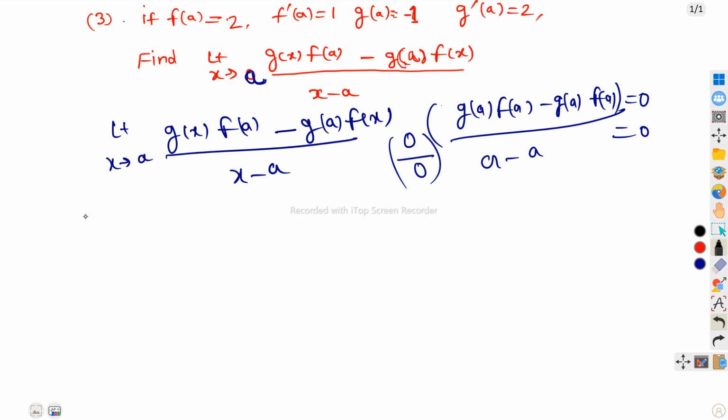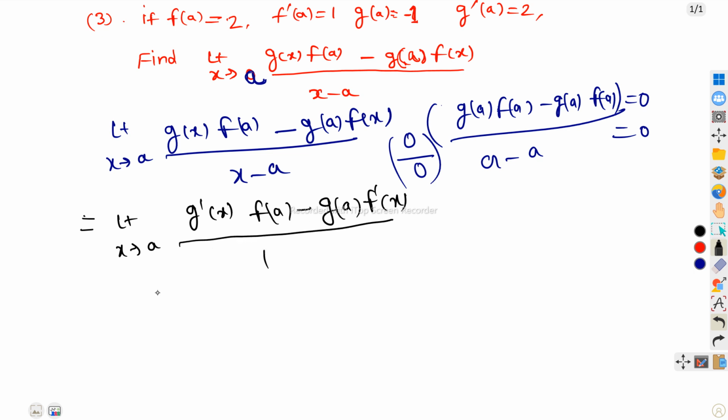So first of all, differentiate the numerator, limit x tends to a, by differentiating with respect to x, g'(x) f(a) minus g(a) f'(x), and the denominator becomes 1.